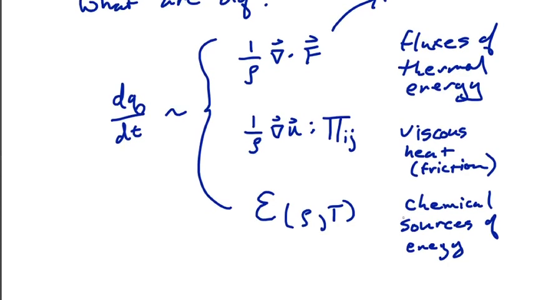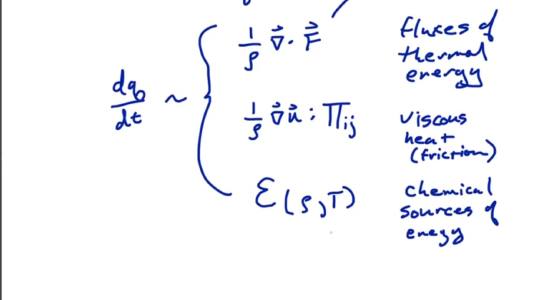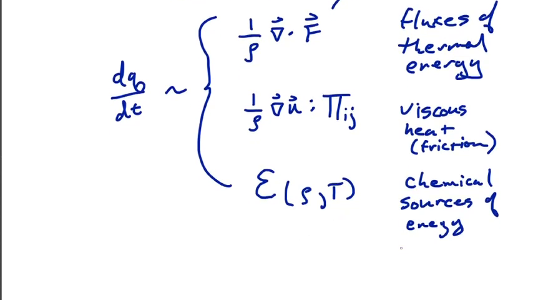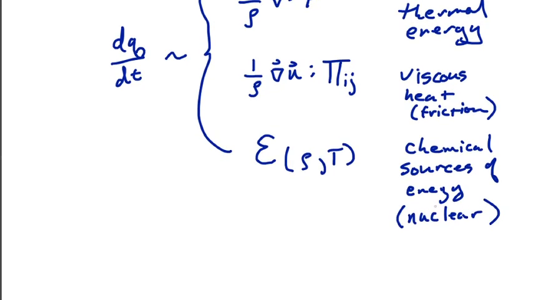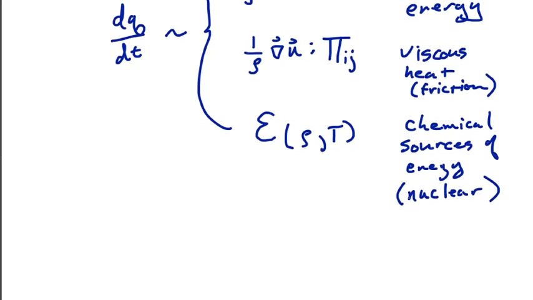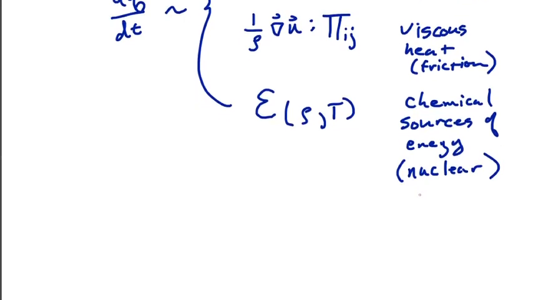The classic one for the interiors of stars is that this might actually be a nuclear reaction, something like hydrogen burning to helium, which we may not think of as a chemical process per se, but it's a way of taking constituents and turning them into different constituents and releasing a tremendous amount of energy in the process.